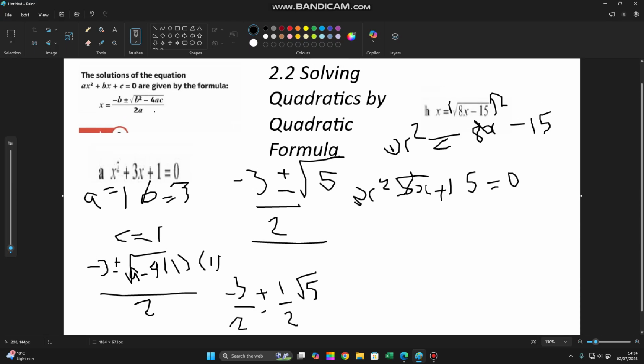We can use the formula, minus b plus or minus the square root of b squared minus 4ac, over 2a. So it is minus minus 8, which is just 8, plus or minus the square root of b squared, which is just 64, minus 4 times 1 times 15.